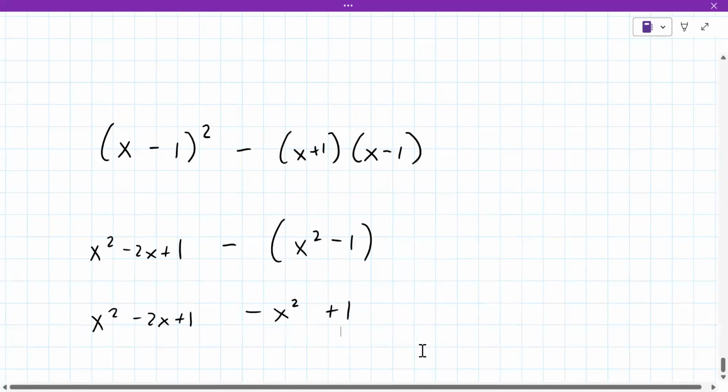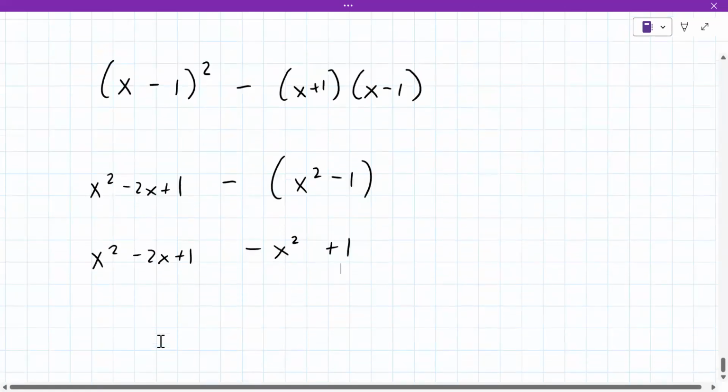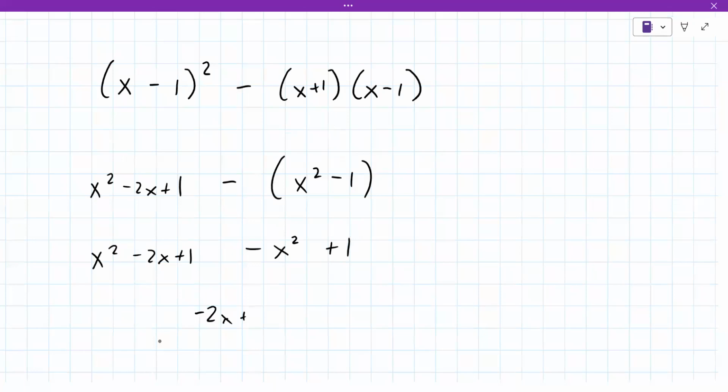So it would be 2x. It would just be 2x. Well, you've got a plus 1 here and a plus 1 here, so it's not just minus 2x. Oh, 2x plus 2. Yeah, they're very different. I mean, this is important.